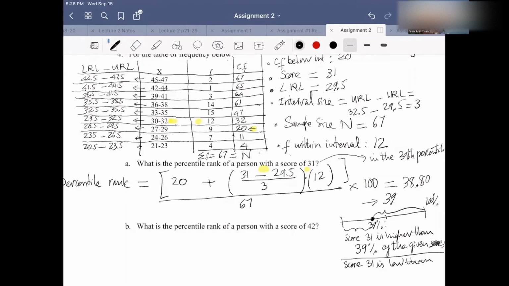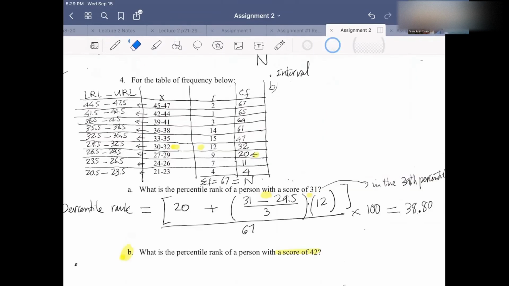What is 100% minus 39? All right, good, Ms. Sarah. How about other people? Good, that's it. That means that the score 31 is lower than 61. So the percent to the right of the score 31 is 61%. Okay, so that means that it is lower than 61% of the given scores. Okay, that's how you understand a percentile rank of a number.